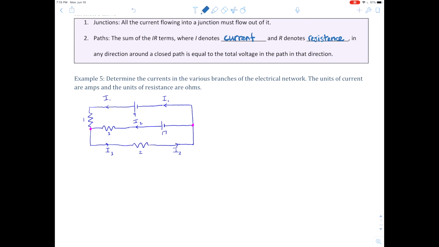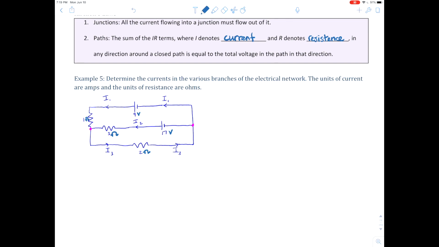This one here is 3 ohms, and 17 will be 17 volts. This is 9 volts. Then we've got 2 ohms, and this is 1 ohm.